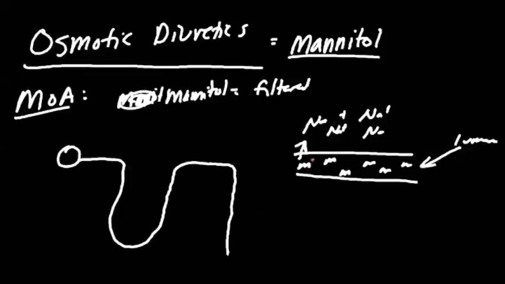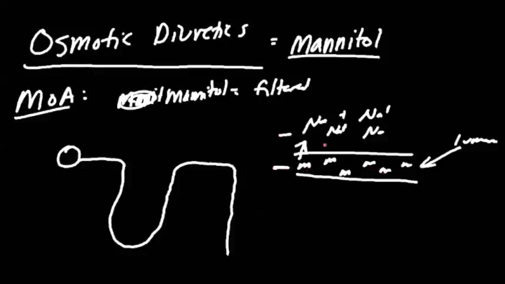So sodium, potassium, chloride, all of this will be more likely to stay in the lumen, and you can get hyponatremia as a result. However, water isn't going to want to leave as much because we have this solute gradient. We're introducing more solutes into the lumen.